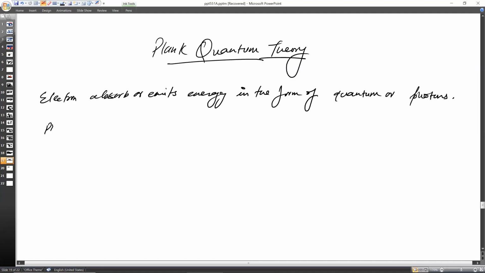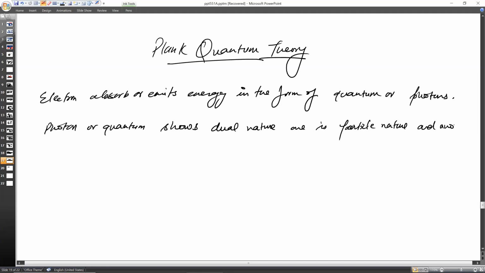Next, photons or quanta show dual nature. One is particle nature, and another is wave nature. Okay, note it down, please.